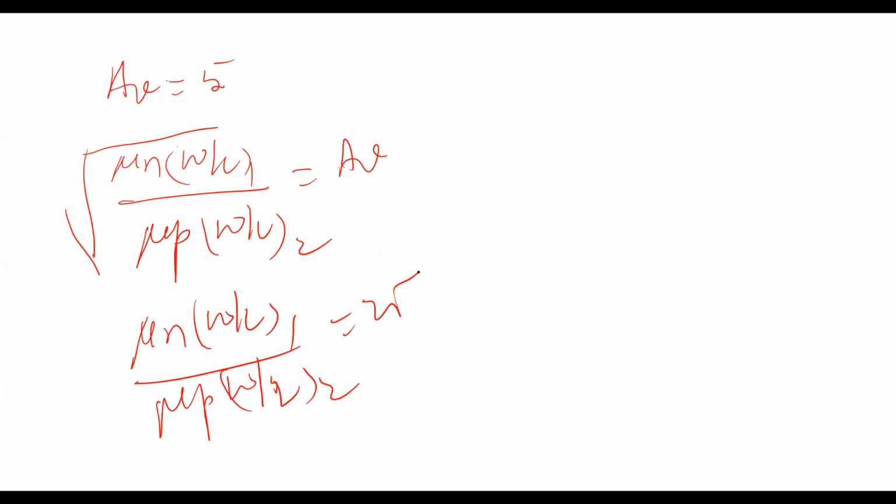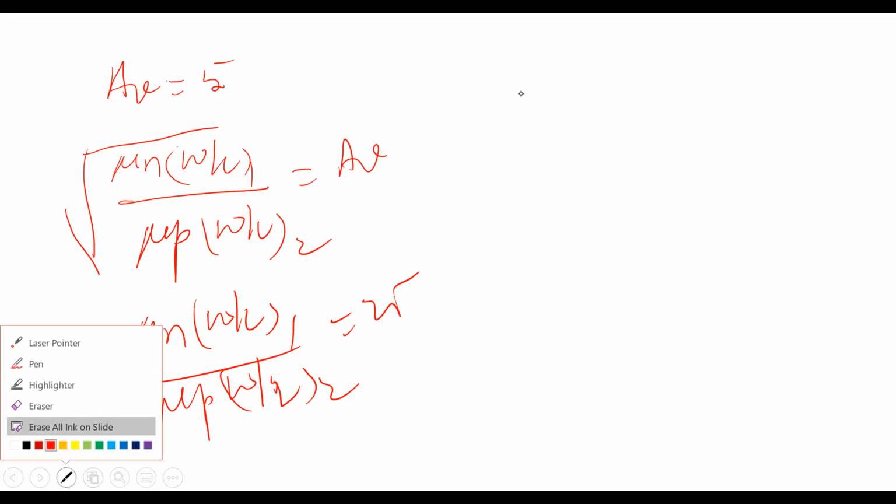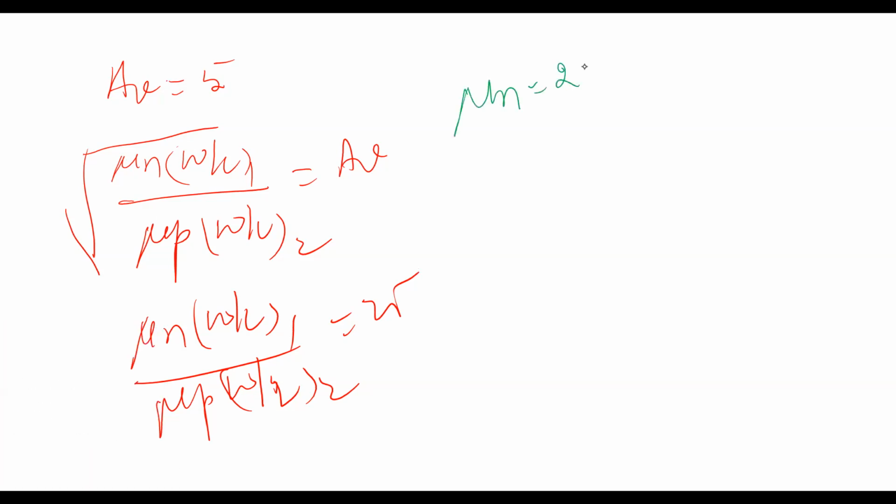Am I correct? 25, on both sides. So the mu n value should be 2.5, or 2 times mu p.